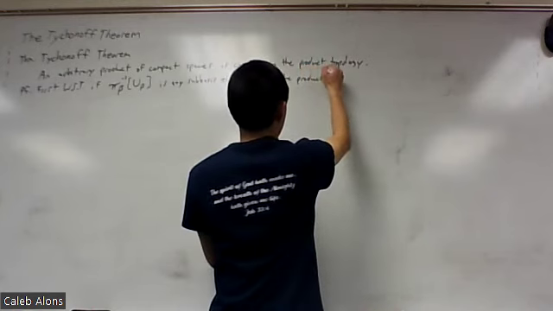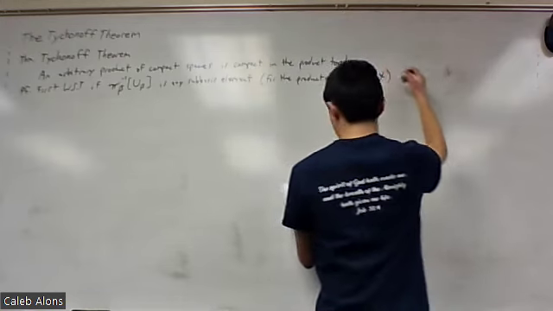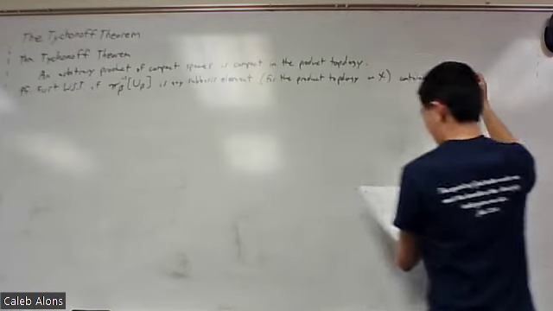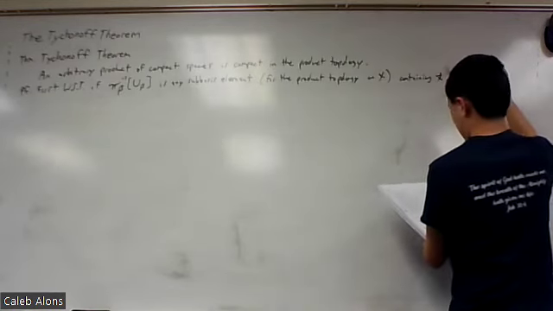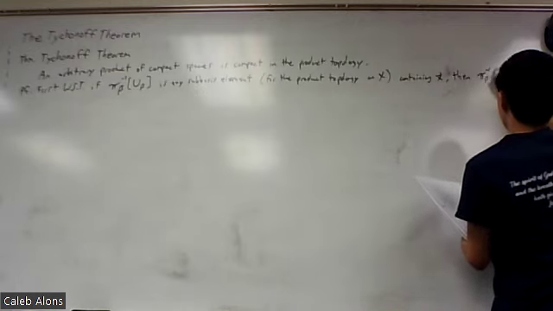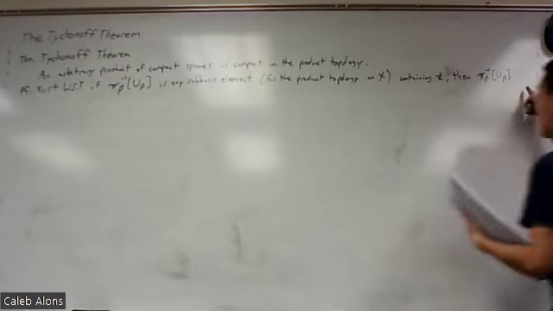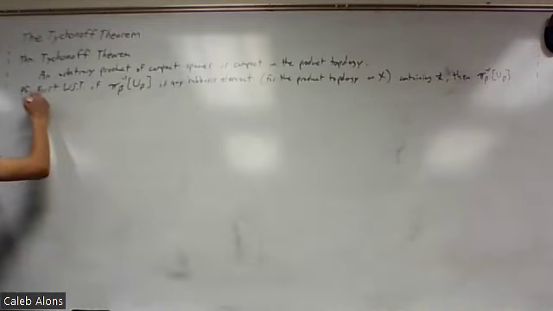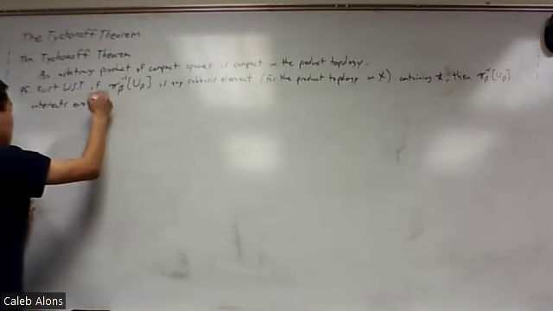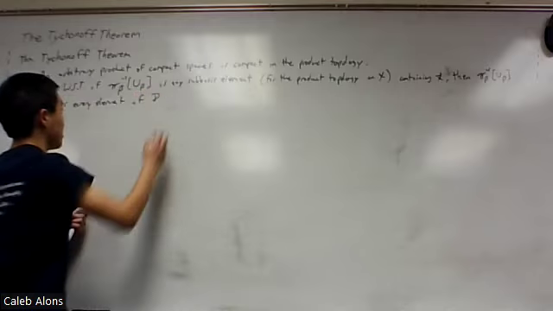So for the product topology on X containing our chosen point X, then this P sub beta inverse image of the neighborhood around X beta in beta intersects every element of our collection.